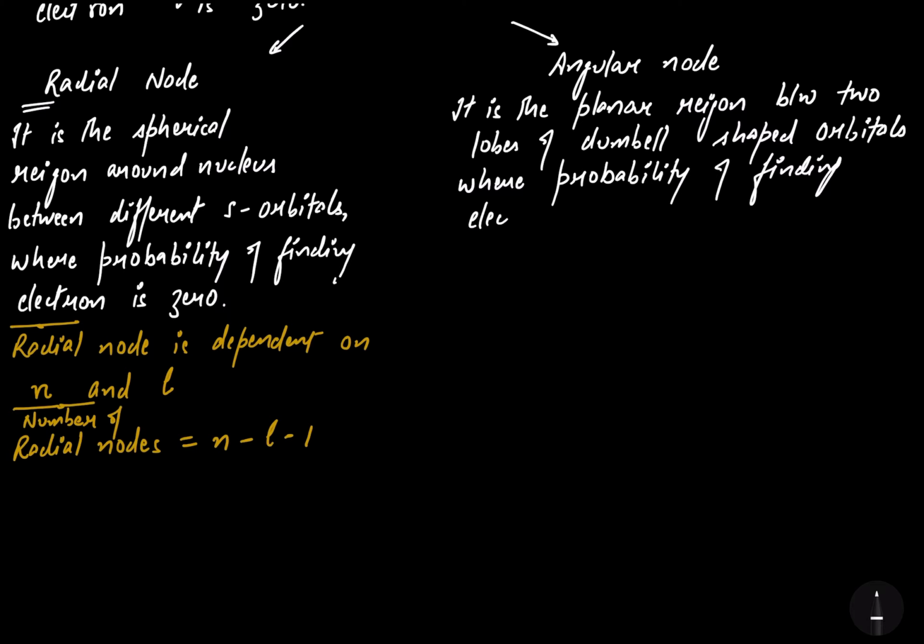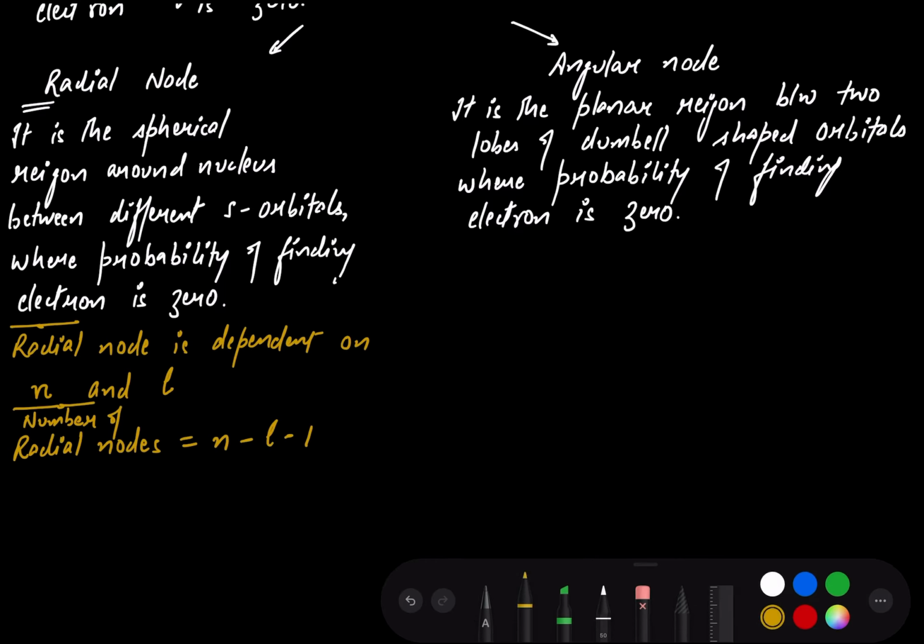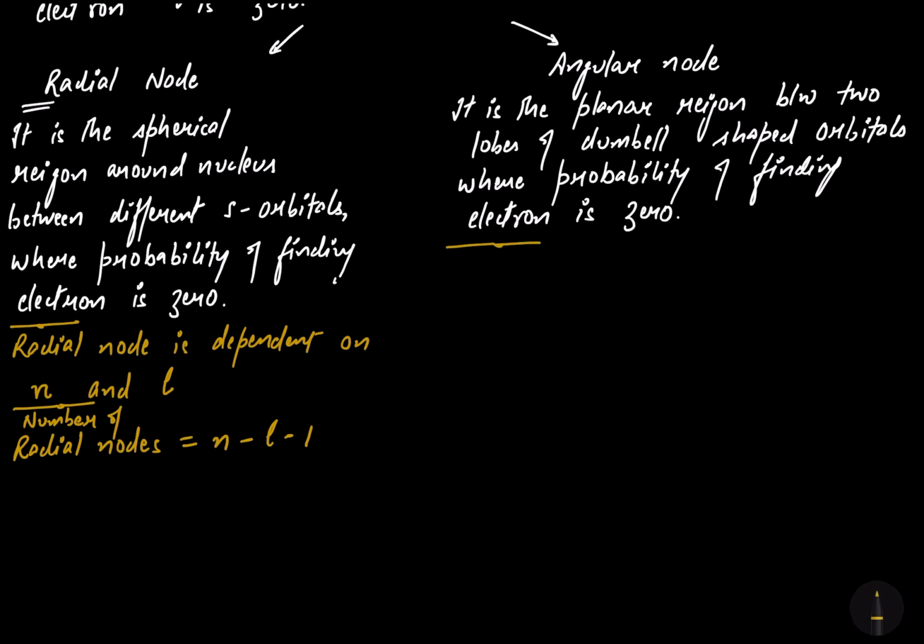Of finding electron is 0. Now the angular node is dependent only on the azimuthal quantum number, that is small l.